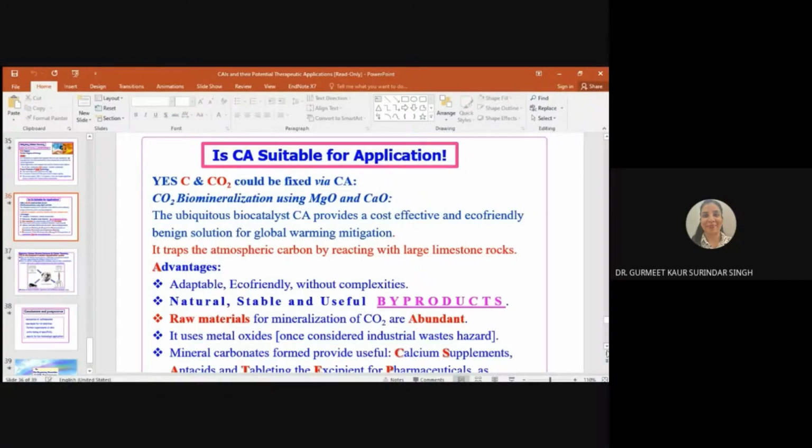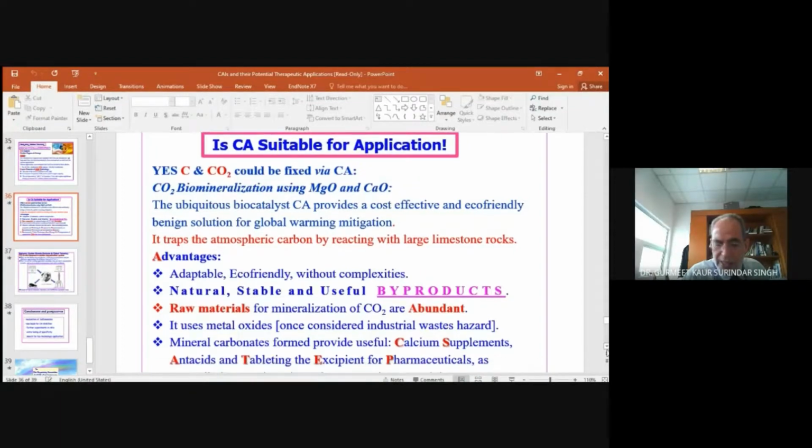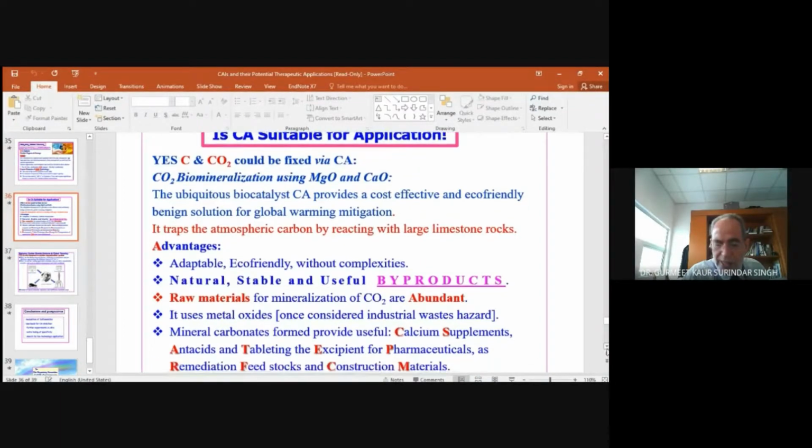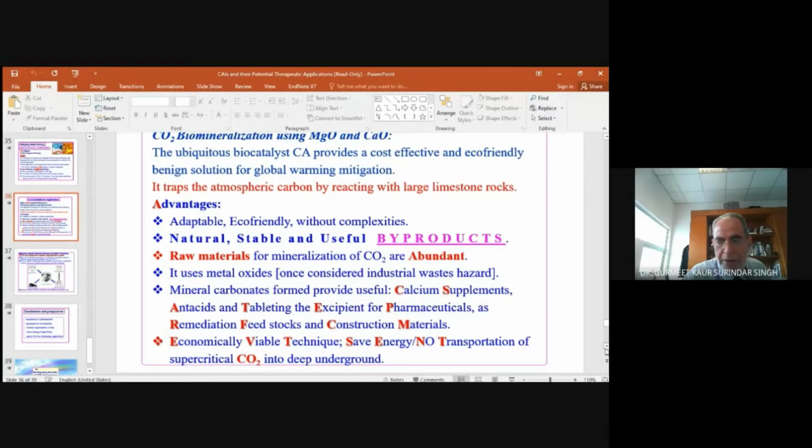Also, after sequestering carbon dioxide by carbonic anhydrase, we will get very useful byproducts such as calcium supplements, mineral carbonates, and antacids, and also excipients for pharmaceuticals, and remediation for feed stocks and construction materials such as gypsum and cement, and many other useful things.